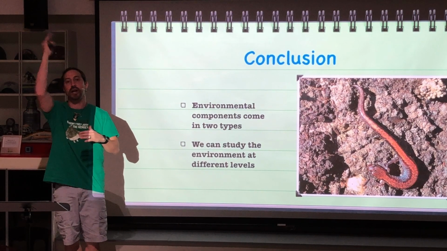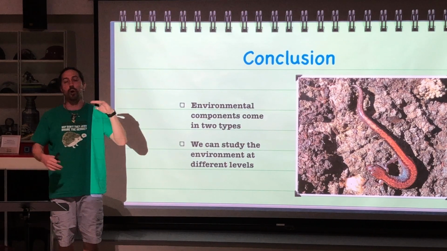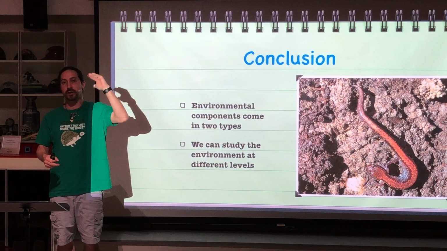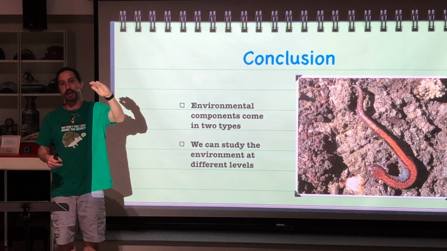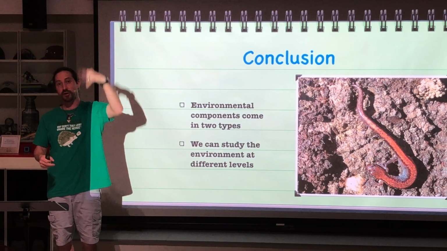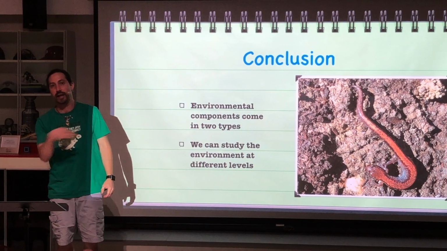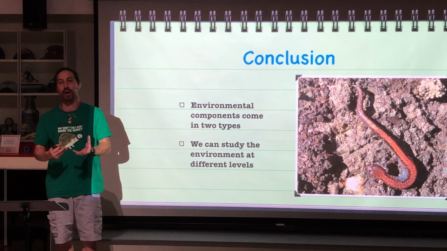So when we're going through ecology, we're going to be looking at the world, the biosphere, and we're going to zoom into biomes, and we're going to look at different ecosystems within those biomes, and then moving into communities and populations, and then lastly, just a simple organism that's there.